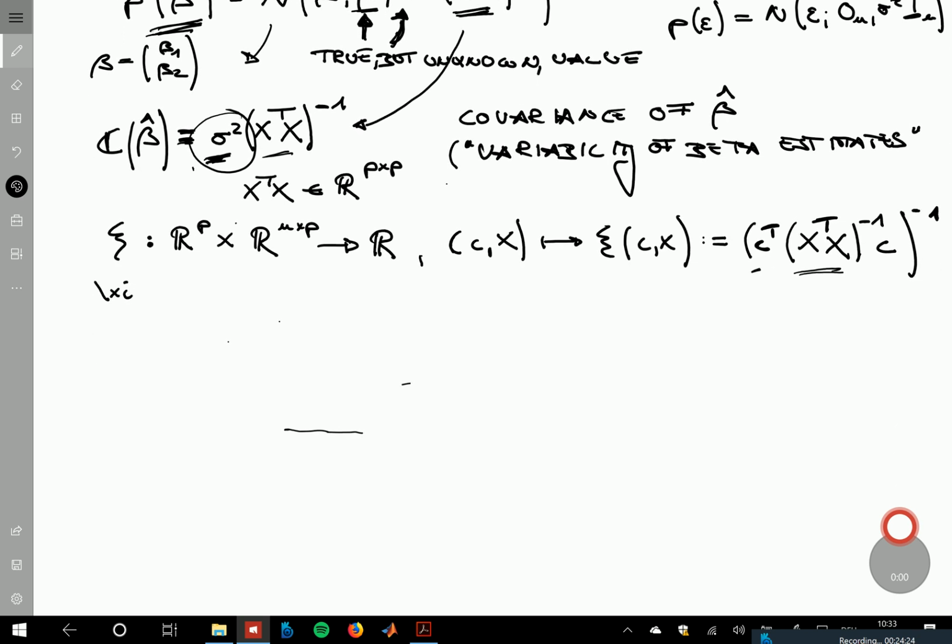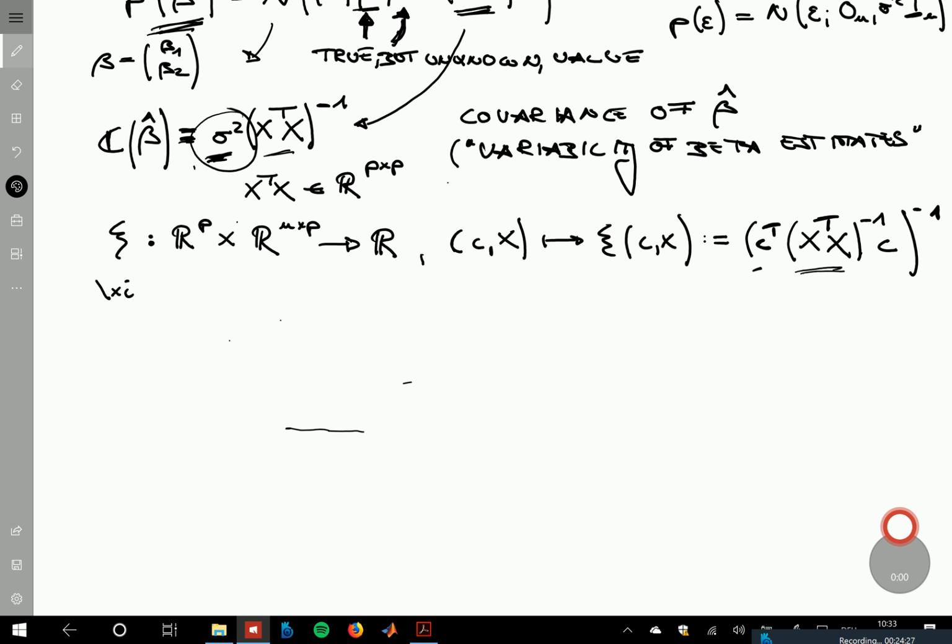So one example for this would be, if you think about the covariance of beta, for a 2D case, we have this. That's the covariance.